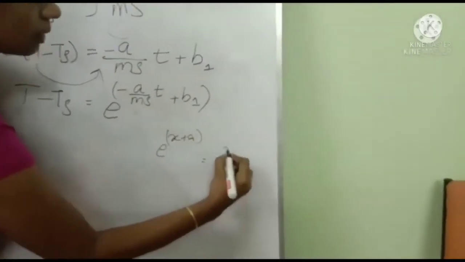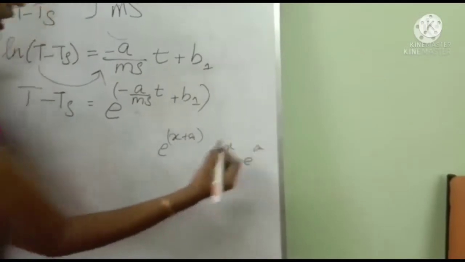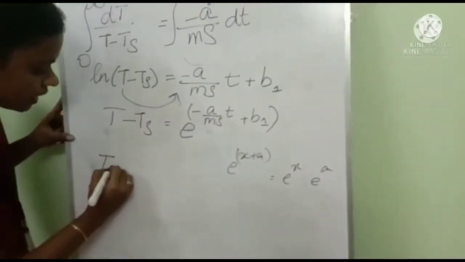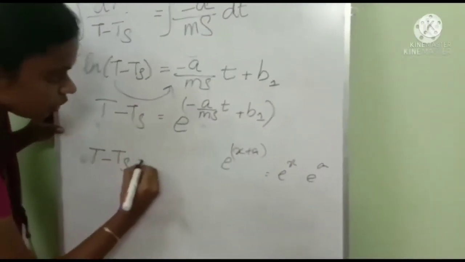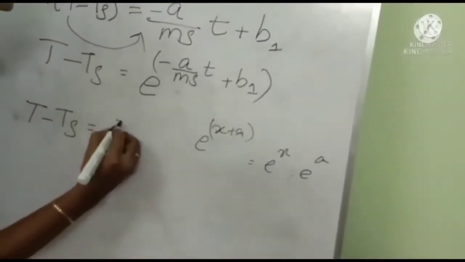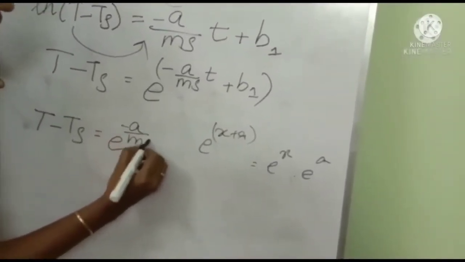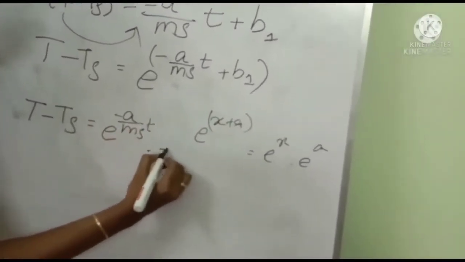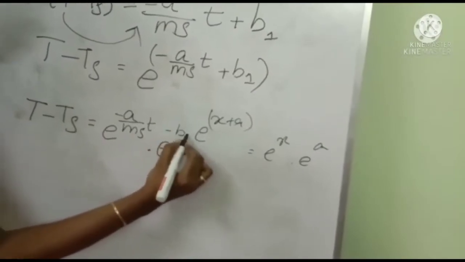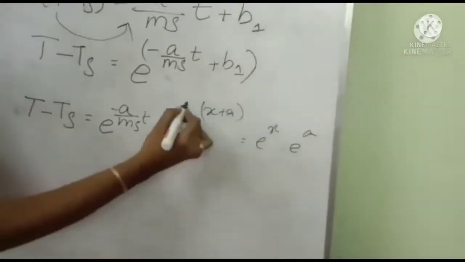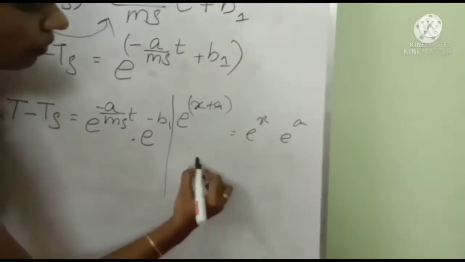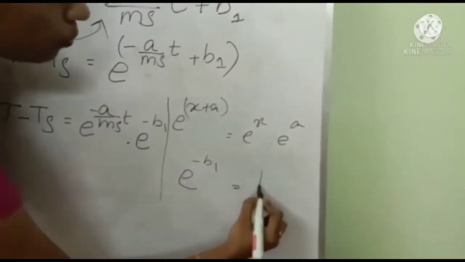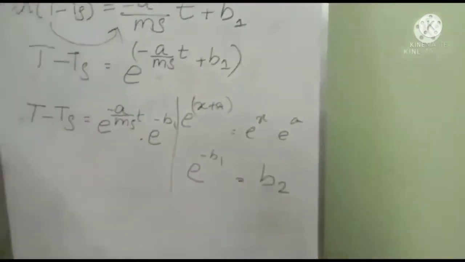We can write it as e power x into e power a. Like that we can write here T minus Ts equal to e power (minus A by ms t) dot e power B1. Now we are writing this e power B1 term to be B2 for convenience.